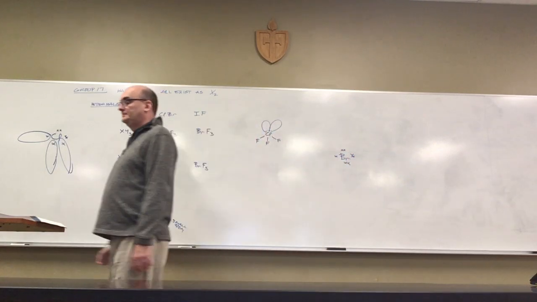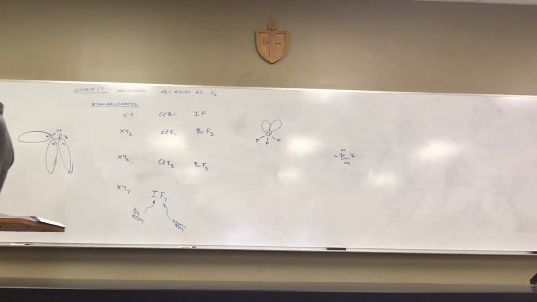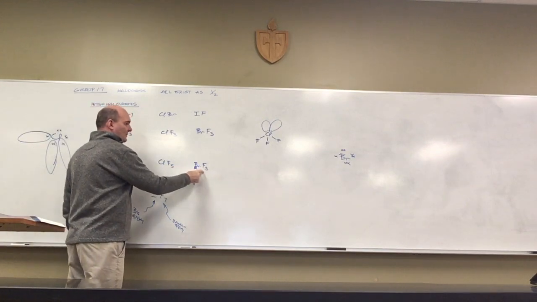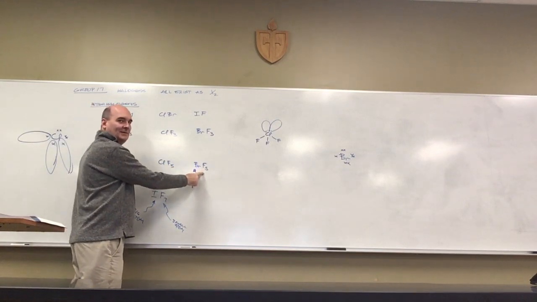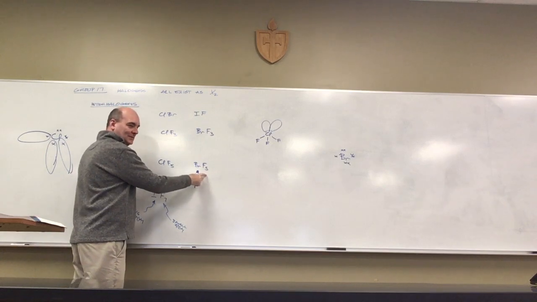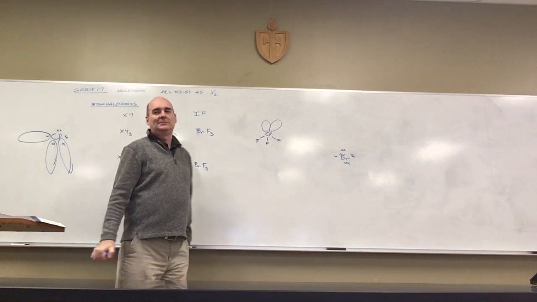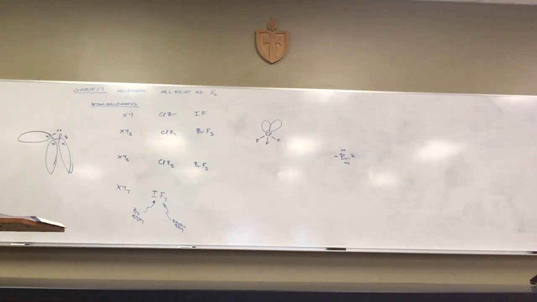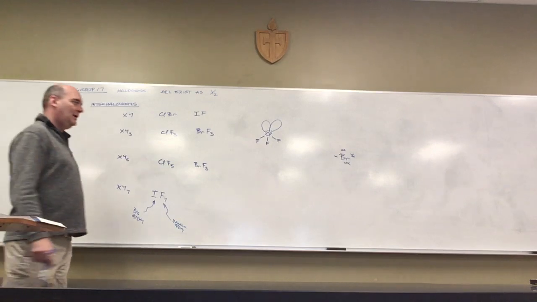Let's start with that. Make 4 bonds. Oh, I'm sorry. 5. This is 4. We've already established jump in 2s. BrF5.